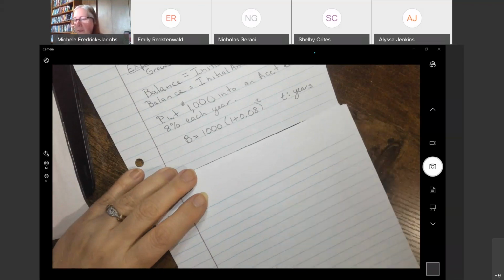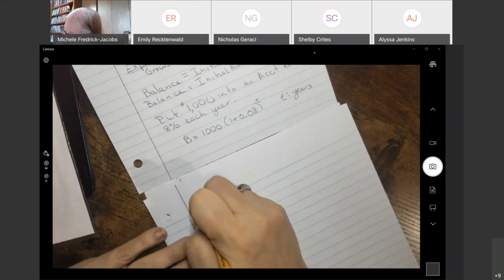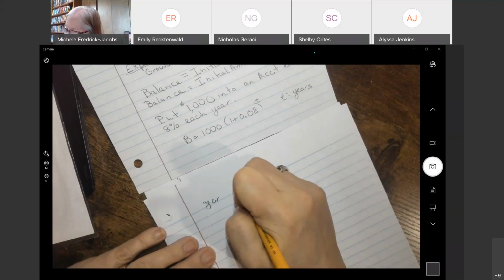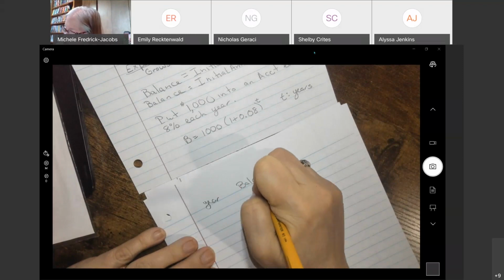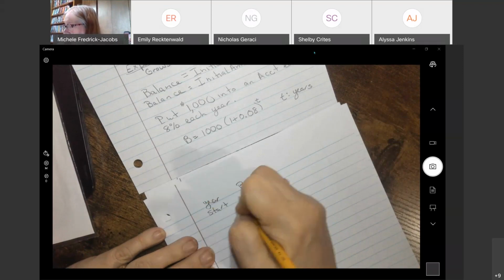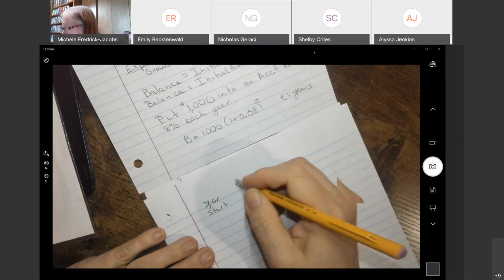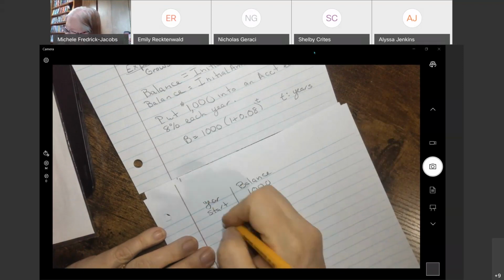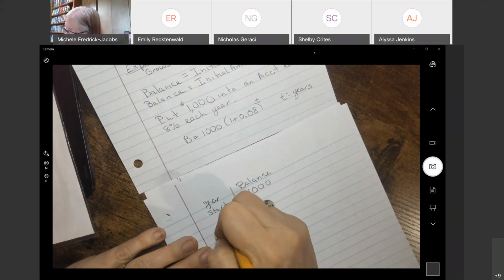So if we make a table like we did the last one, where we have years and the balance, again, we're starting with $1,000. And we'll go 4 years, just like we did the last one.